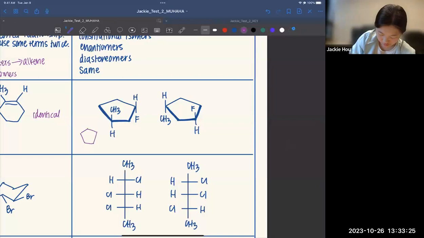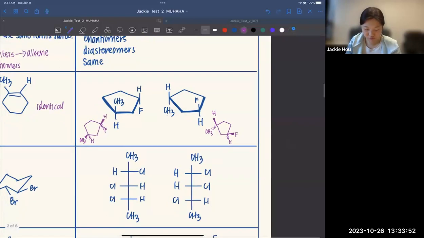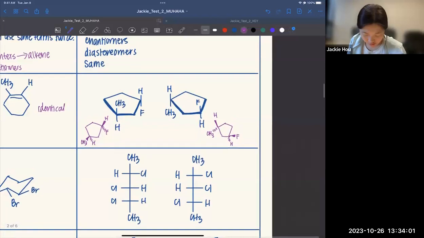And again, as I mentioned before, you always want to see if there's a possibility that you can rotate them, so that their relative connectivities are the same.